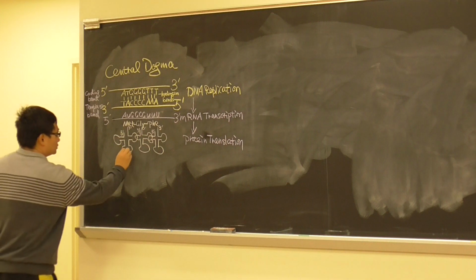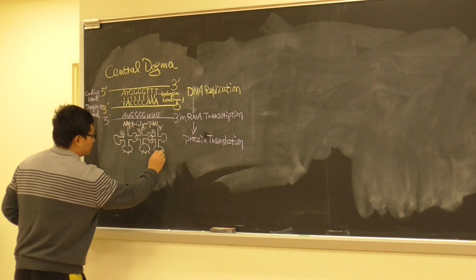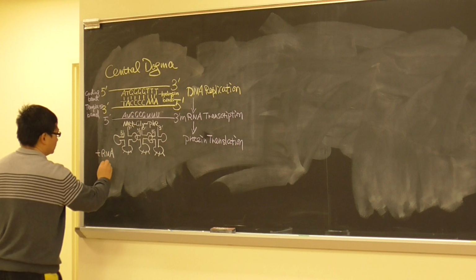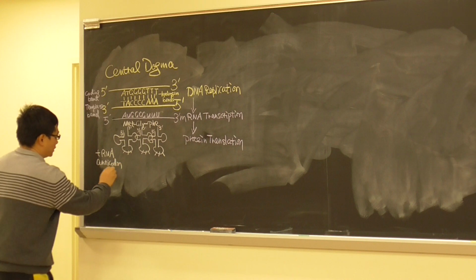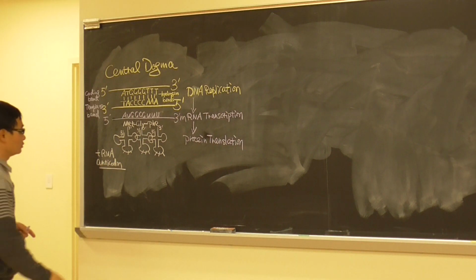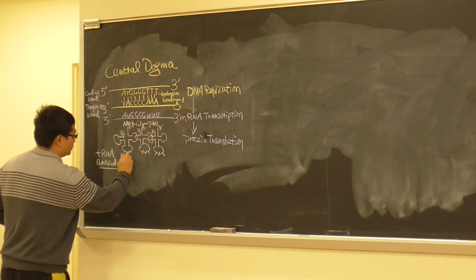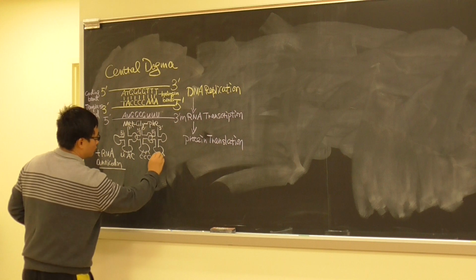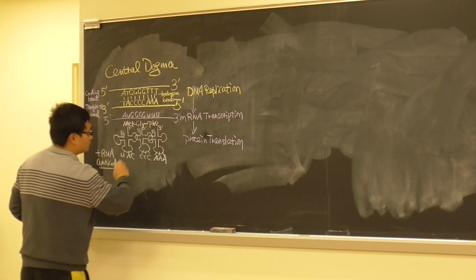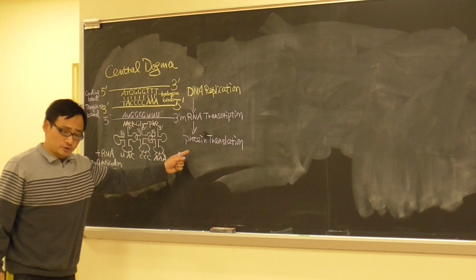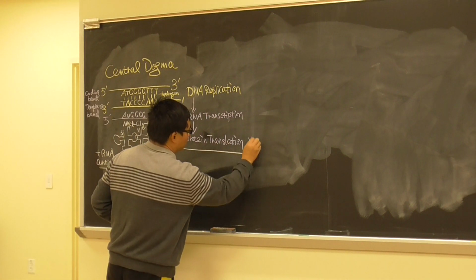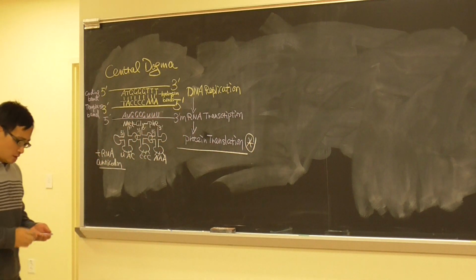Do not forget, all these tRNAs carry an anticodon. It is not a codon, it's an anticodon. What are they? The first is UAC, the second is CCC, and the last one is AAA. So this is called translation. Today, we're going to talk about the details of translation.